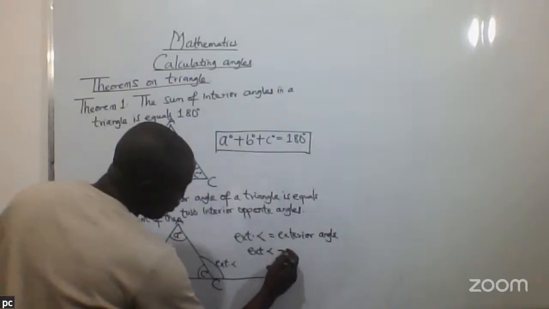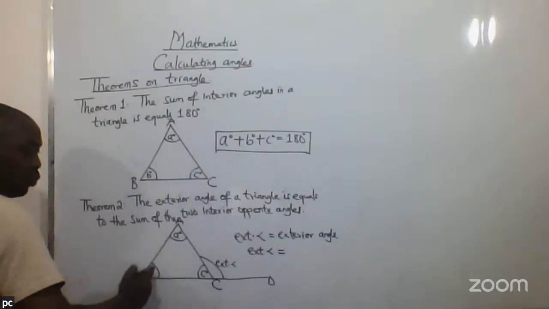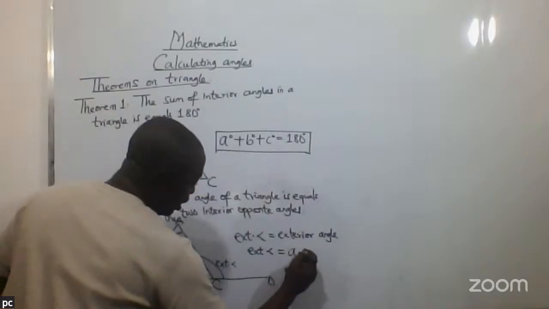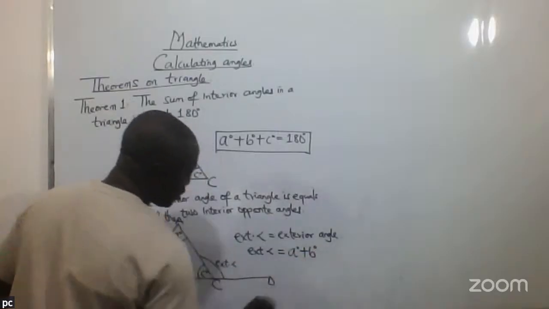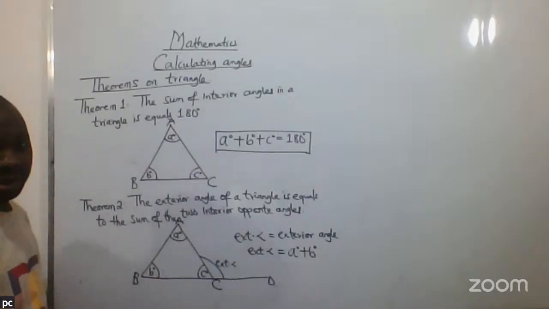The exterior angle in the triangle is equal to the sum of the two interior opposite angles, and that will be a degrees plus b degrees.